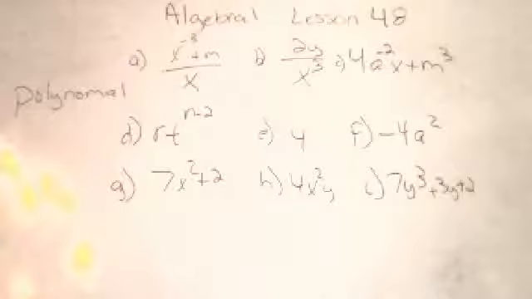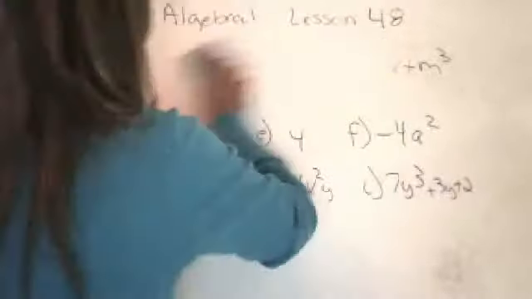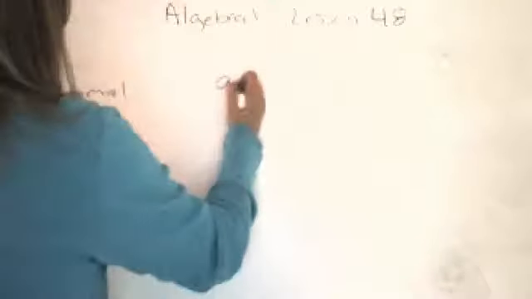What does that mean? So a polynomial takes the form of a times x to the n, where a is a real number and n is a whole number.